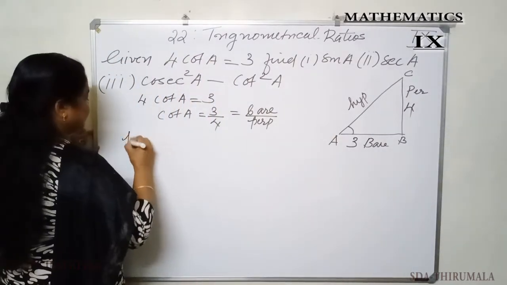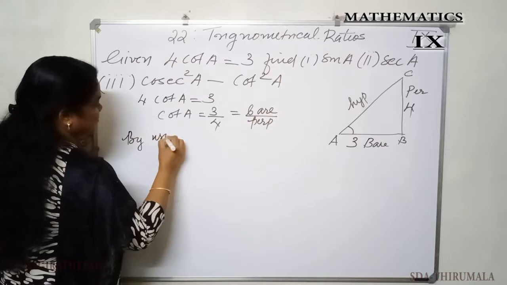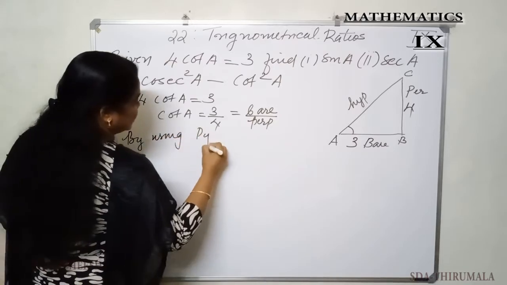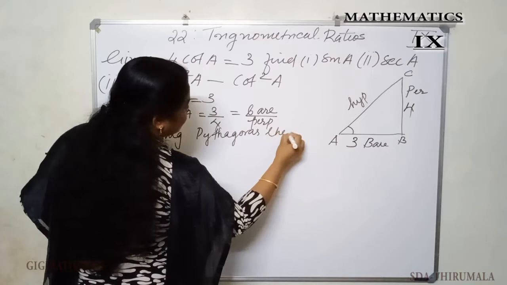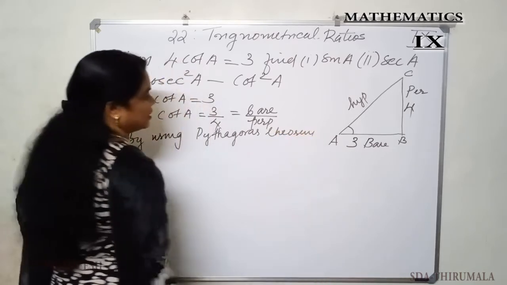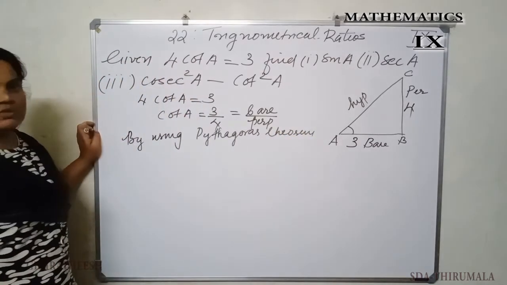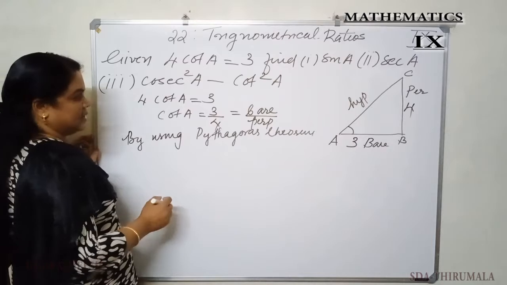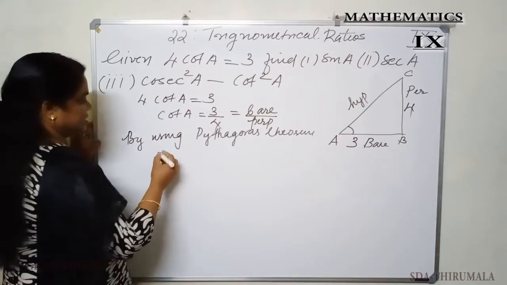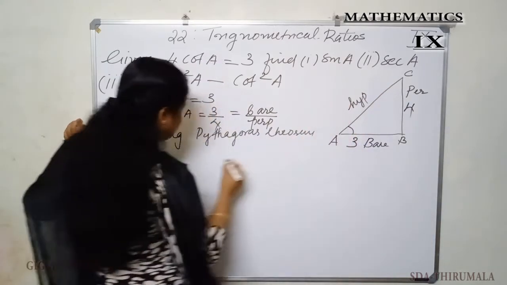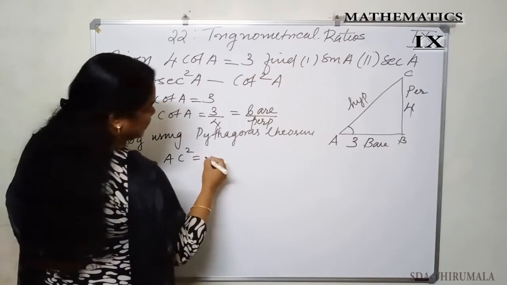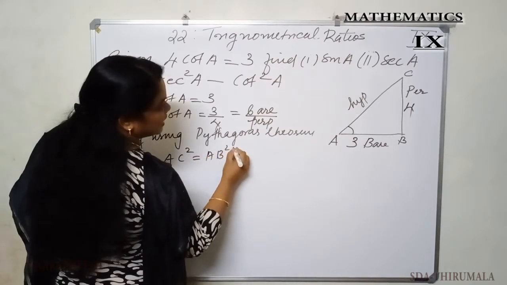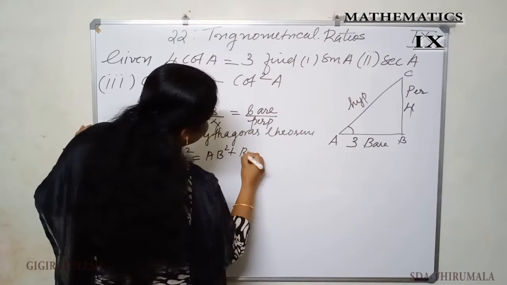The Pythagoras theorem says hypotenuse square is equal to base square plus perpendicular square. That is, AC square is equal to AB square plus BC square.